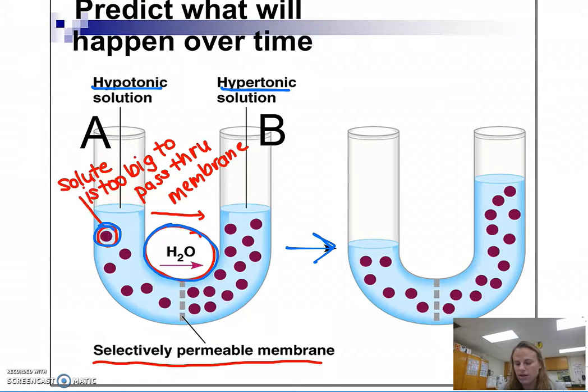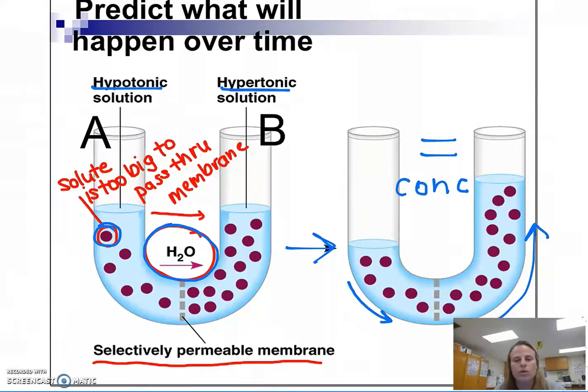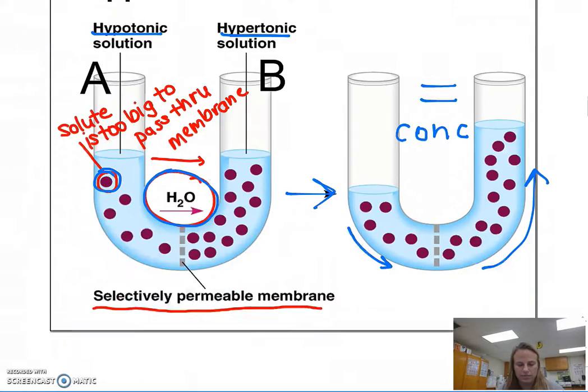My water level on side B would rise, whereas my water level on side A would lower. However, when I look at the concentrations on side A relative to side B, I now have equal concentrations because side B was diluted by adding water to it, whereas side A had water removed from it, so it became more concentrated.